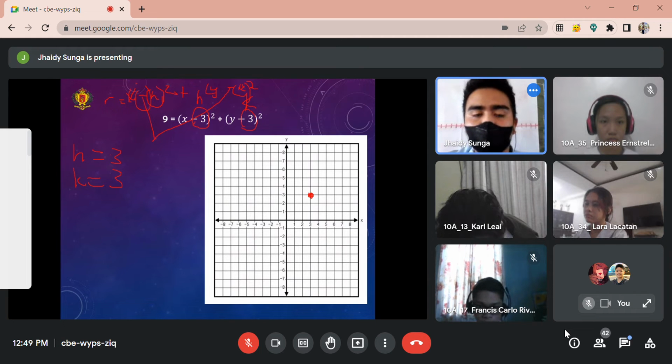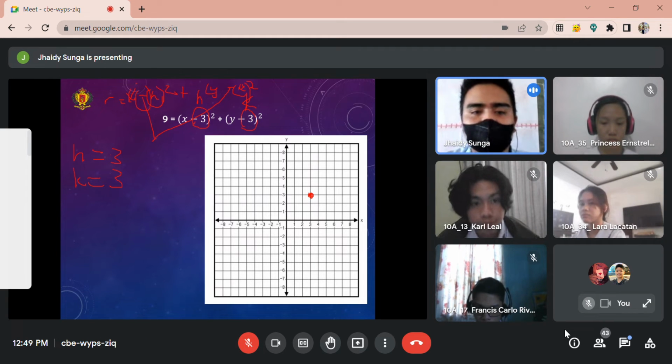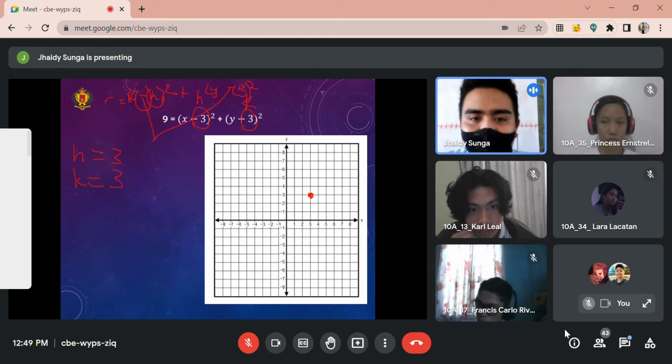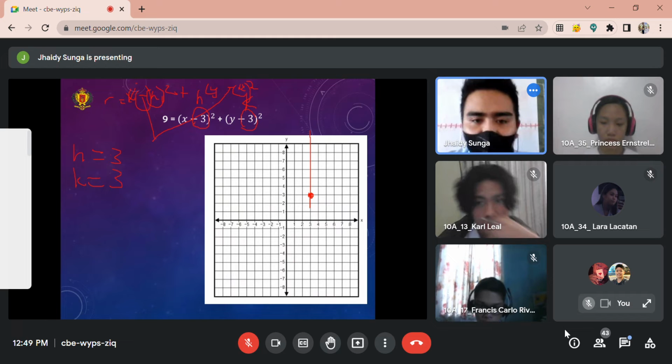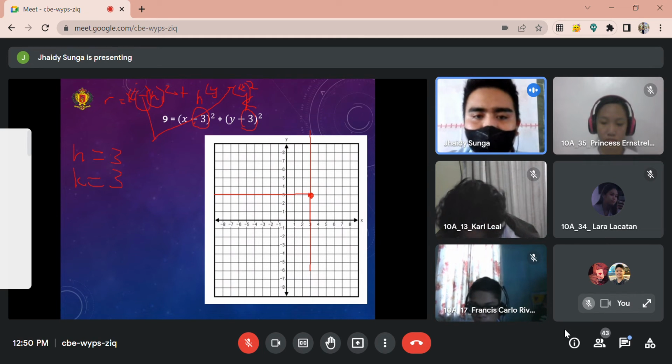This is the center. The reason why we say it is transformation of axis is that from the center itself, it produces a new axis.